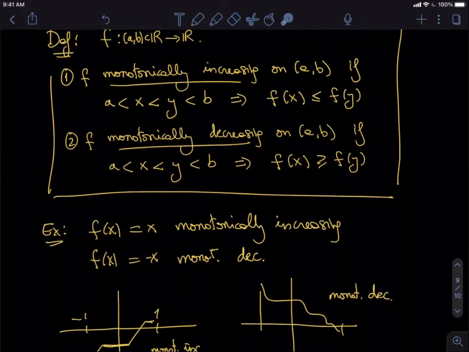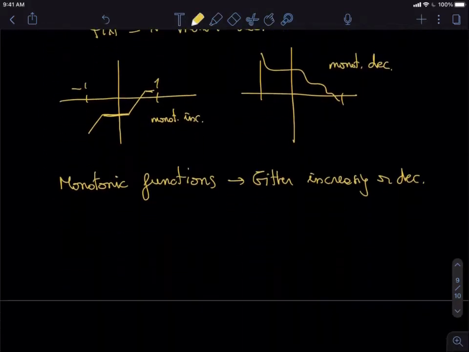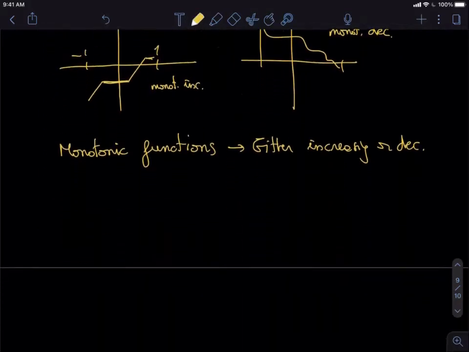But as I was saying, sometimes instead of what we wrote here, increasing, we will see written non-decreasing, and here non-increasing. But that depends on the book. Monotone or monotonic functions are special in the sense that they are nicer than normal continuous functions.